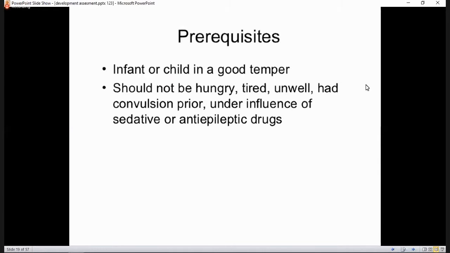He should not be hungry, tired, unwell, had a convulsion prior, or under the influence of sedation and anti-epileptic drugs. If you do not follow these prerequisites, you may have different results when you are assessing development.